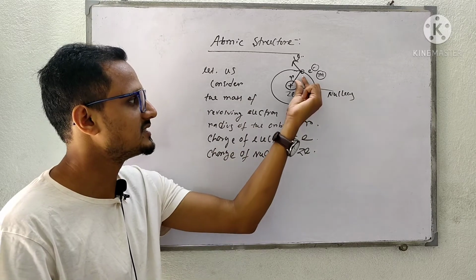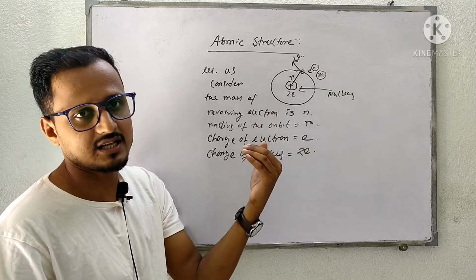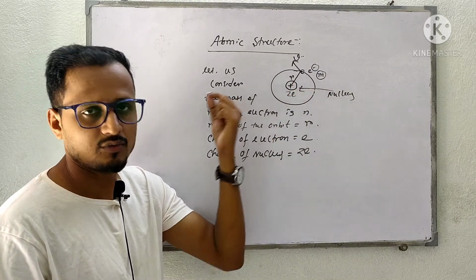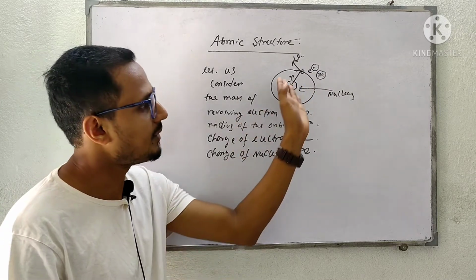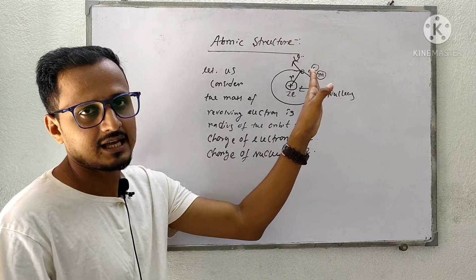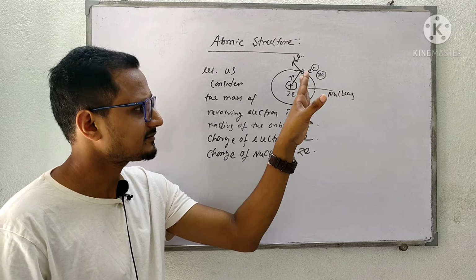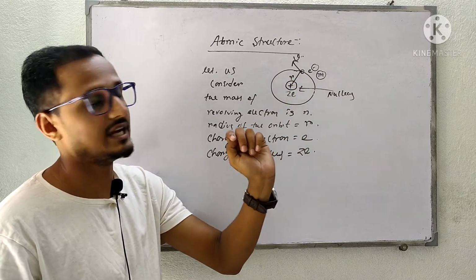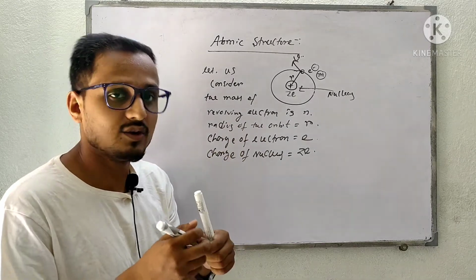So as the nucleus is attracting this electron towards itself, why is the electron not coming towards the nucleus? Because there is an opposite force acting towards the outside of the circle, opposite to the centripetal force but equal in magnitude. That one is called the centrifugal force.